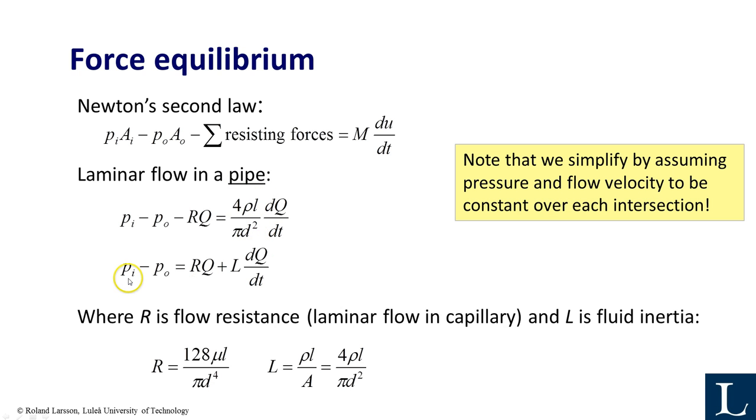So you end up with something like Pi minus Po is the resistance multiplied by the flow plus the inertia multiplied by the time derivative of the flow, where the R and the L is according to this relationship.